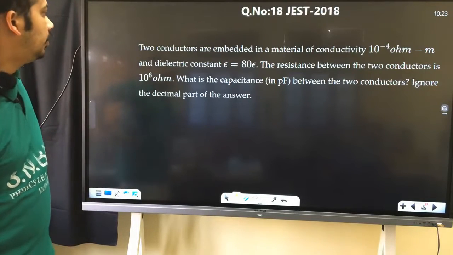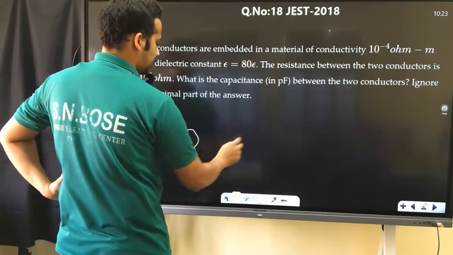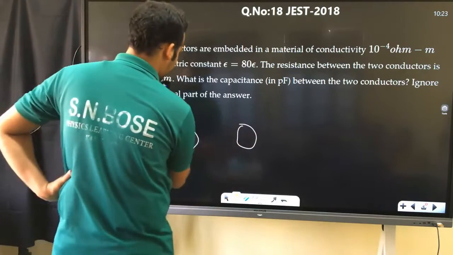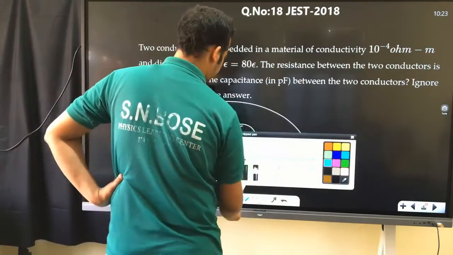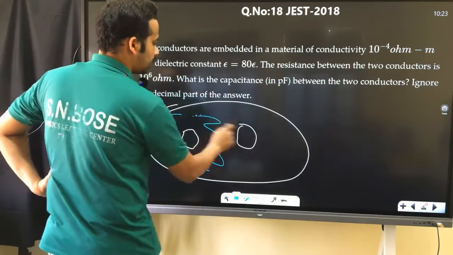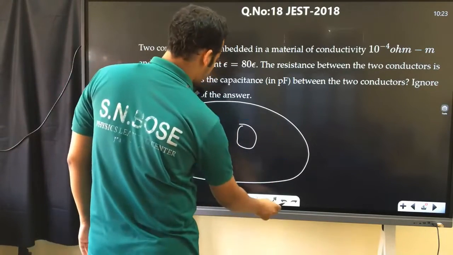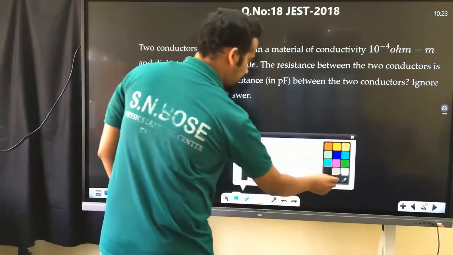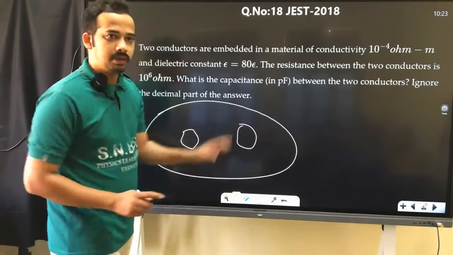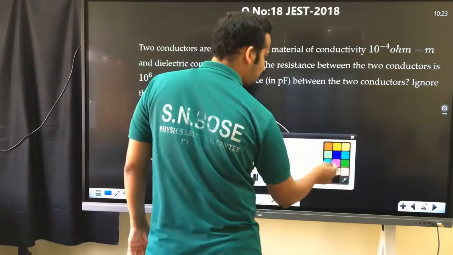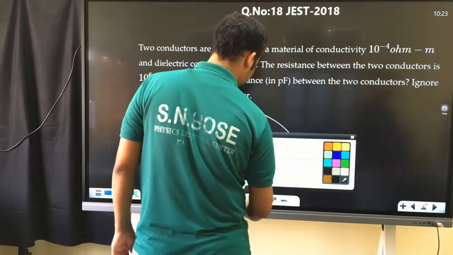Two conductors are embedded arbitrarily in a material. Okay, so they are embedded in a material of conductivity 10 raised to like that. Okay, speak up. I need to apply Gauss law actually. Here you have your conducting material. I'll just put these two as our conductors.